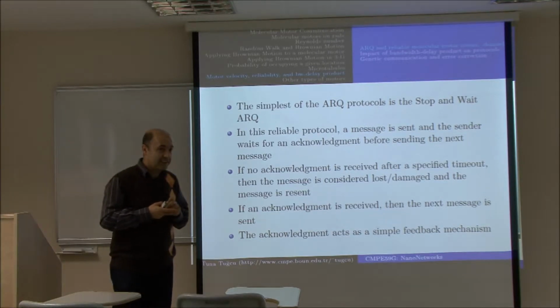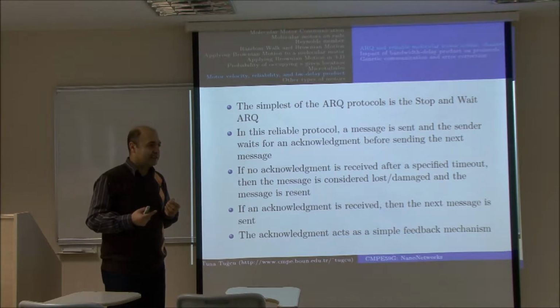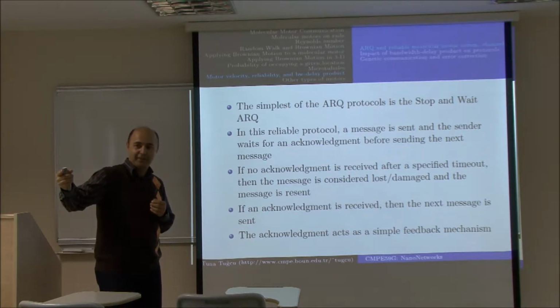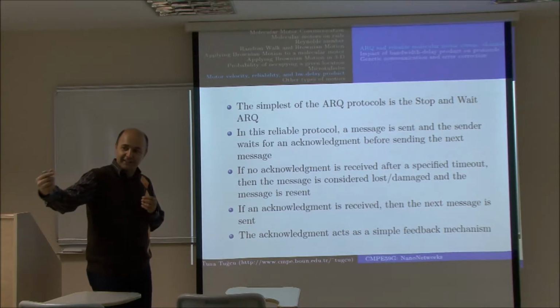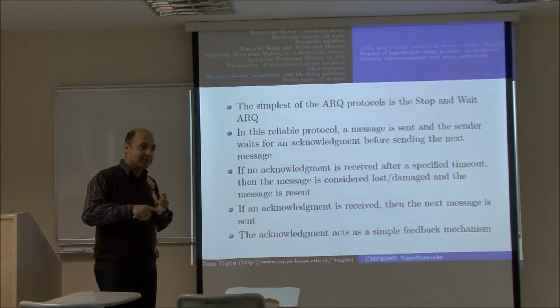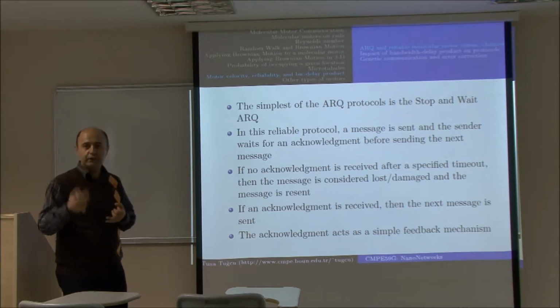Or, yet another one is, acknowledgement packet is itself lost. So, the packet was transmitted successfully, but when you send the acknowledgement, that acknowledgement is either lost or damaged. In that case, again, you cannot identify, and you have to retransmit.